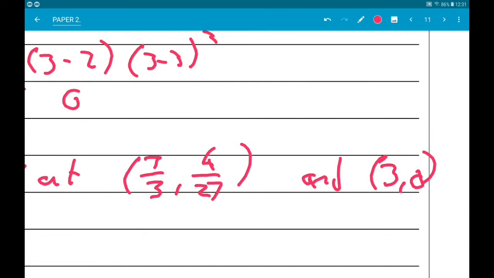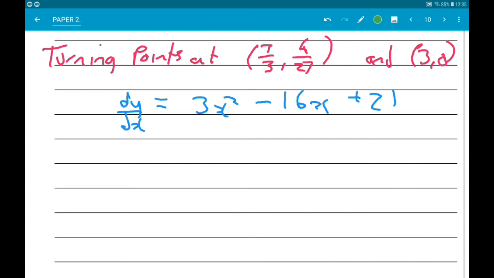Okay, now we need to classify their nature. To do that, we use the second derivative. So we need to differentiate again. So d squared y by dx squared is going to be 6x minus 16. Now we sub in the x values.